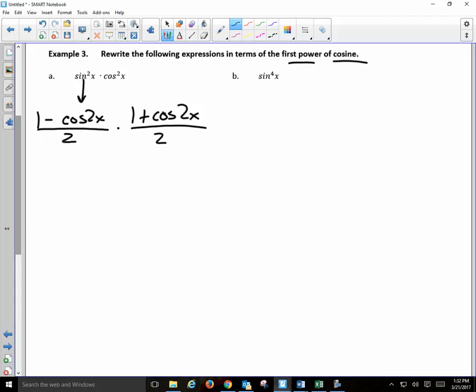And as we multiply, your 1 times 1 is 1. You notice these are conjugates, so the middles are going to cancel, correct? Does everybody see that the middles are going to cancel? Cosine squared of 2x all over 4. So we're not done.